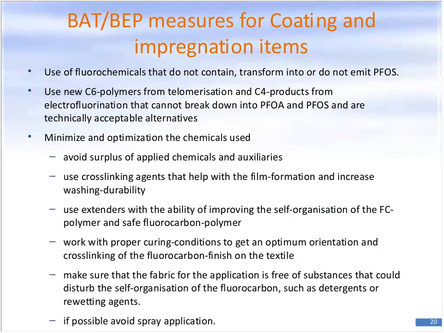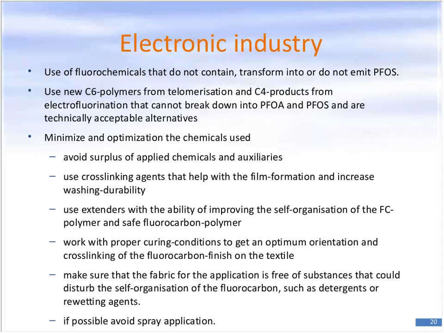Also, concepts of minimization and optimization of the chemicals, like avoiding the surplus on NSF, using cross-linking agents that help with the film formation, using extenders with the ability of improving the self-organization of the FC polymers, and if possible, avoiding sprayed applications are examples given through the guidance.